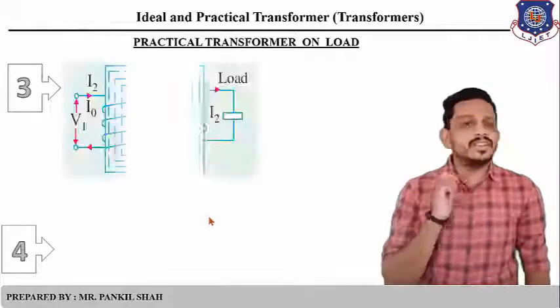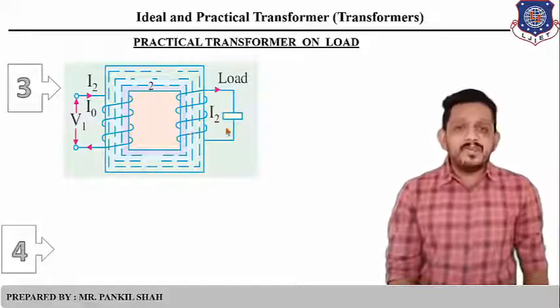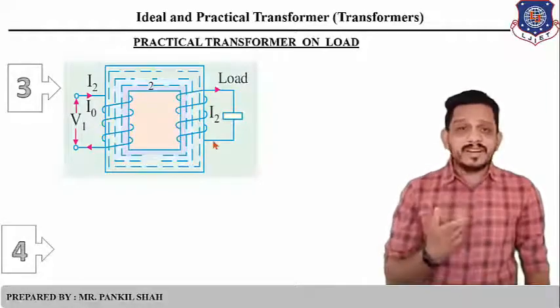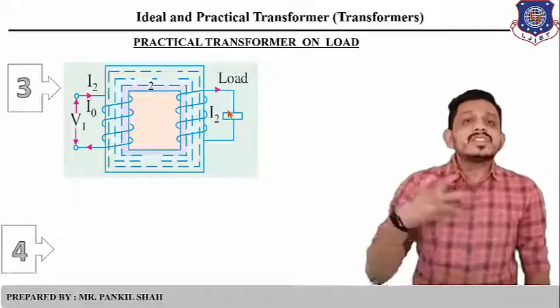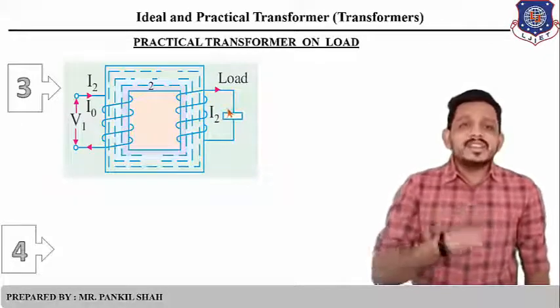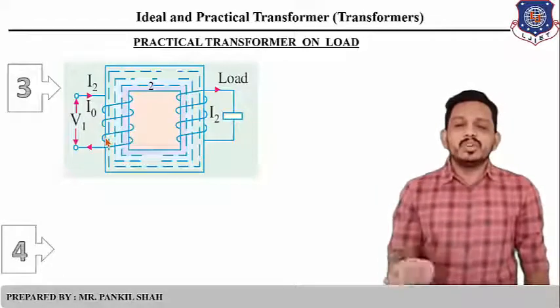Now let's consider the third case. If some amount of current starts flowing through the secondary side, and if that current is alternating in nature, then the secondary side will start establishing its own magnetic flux, which is in the opposite direction to the main flux.